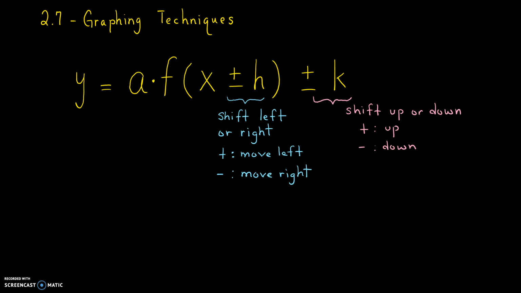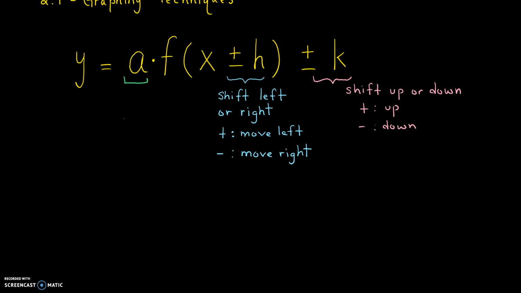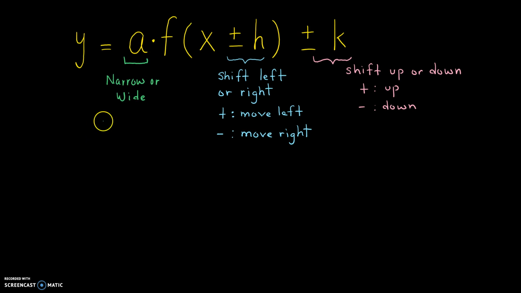And then the number in front, this a right here, would tell us how the graph is affected. It would either tell us whether it is narrow or whether the graph was wide. And we're going to use two words here. The first word we're going to use is vertically, or a vertical stretch.